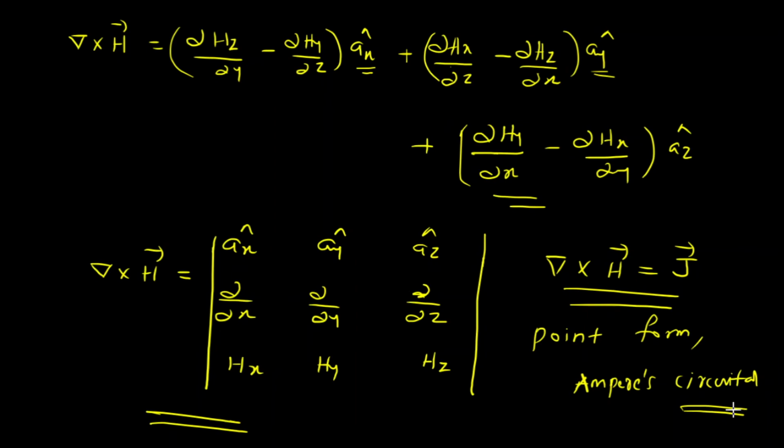For simplicity, we always derive it in the Cartesian coordinate system and extend the result to the other coordinate systems. So how to represent curl of h in the cylindrical and spherical coordinate systems, I leave to you as an exercise. Please find out how to represent curl of h in those two coordinate systems also.